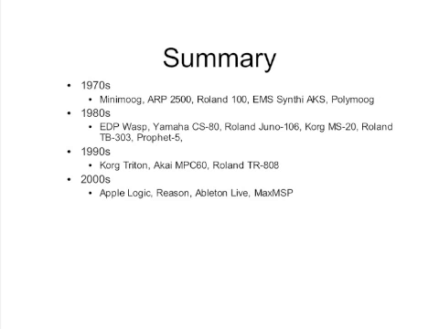And in the 80s, we saw the development of the EDP Wasp, the famous Yamaha CS80, the Roland Juno 106, the Korg MS-20, the Roland TB303, and the Prophet 5, all famous sounds that are now emulated digitally in many different variations. In the 90s, then the Korg Triton, the Akai MPC 60, and the Roland TR-8. I actually think those two are 80s, but became prominent in their usage in the 90s.